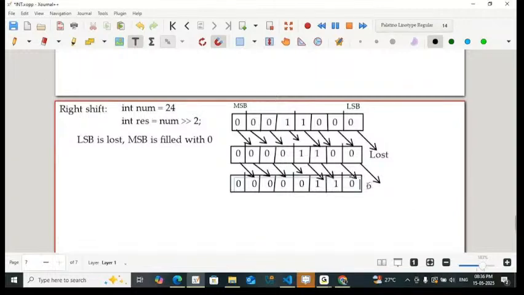This LSB bit is lost. Now if you look at the decimal equivalent of this, it happens to be 6. So the output here is 6.